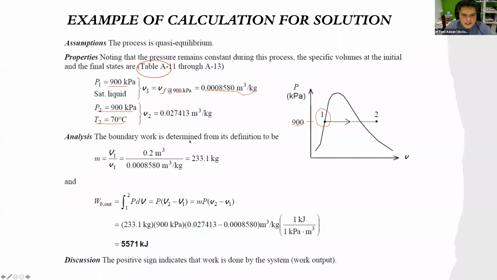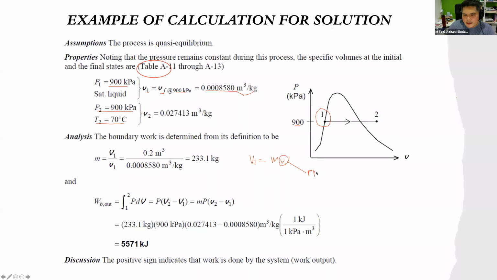So the boundary work is determined from its definition. m is equal to V1 over specific volume v1. V1 ni V huruf besar, the v1 yang bawah ni ialah huruf kecil because this is specific volume. Then you'll be able to get the mass of the refrigerant, which is equal to 233.1 kilogram. Sebab kita tahu in order for us to determine V1, it should be m multiplied with v1, which is specific volume, yang kita dapat from property table.